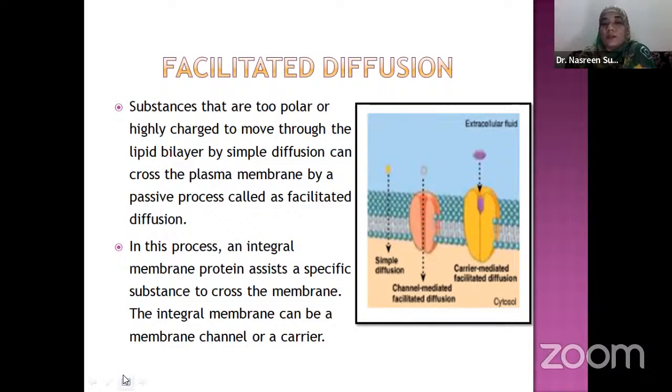Therefore, they require certain carriers or channels. If an ion is utilizing a channel, it is called channel mediated facilitated diffusion. You can see here, if it is through a channel, it is channel mediated facilitated diffusion. If it is through a carrier, it is carrier mediated facilitated diffusion. And this is simple diffusion, where nothing is required.